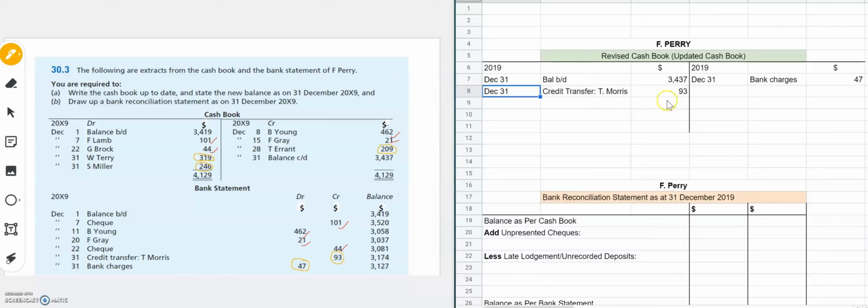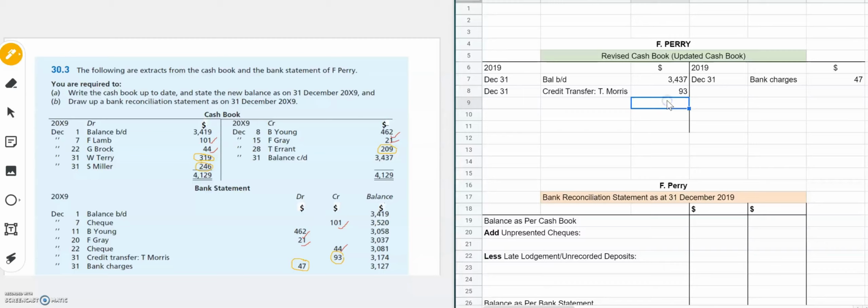So now the next thing to do is to balance off the statements. To balance off, we find the side that has the bigger total. It seems to be the debit side, so that is 3,437 plus 93.